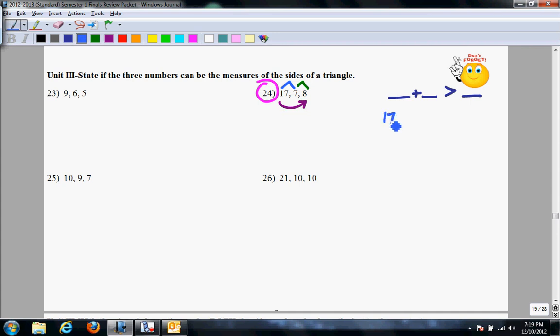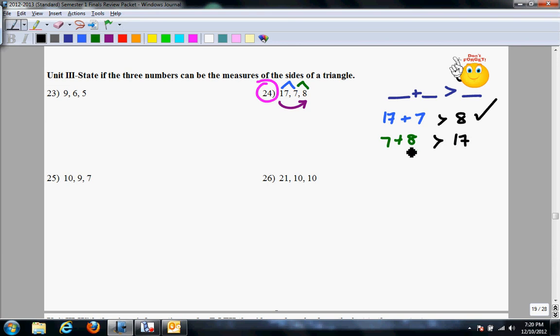We ask ourselves, 17 plus 7, is that greater than 8? And it is. So check. Let's do the green. 7 plus 8. Is that greater than 17?